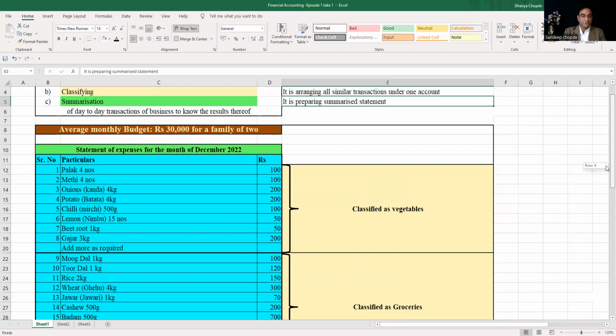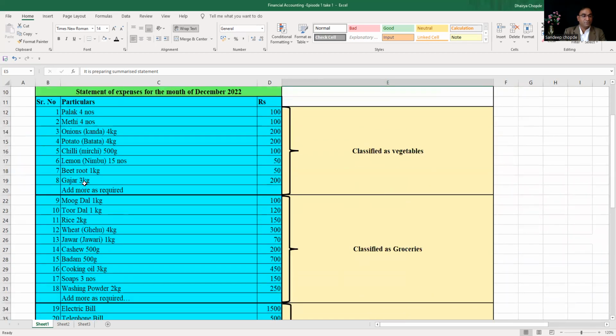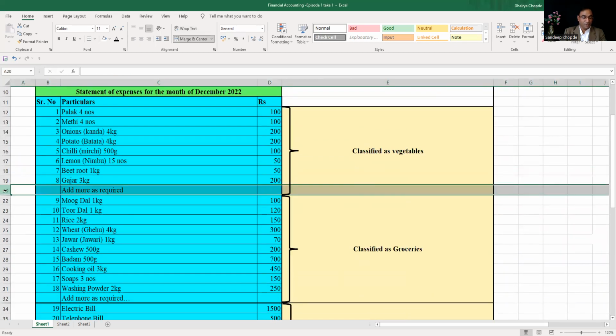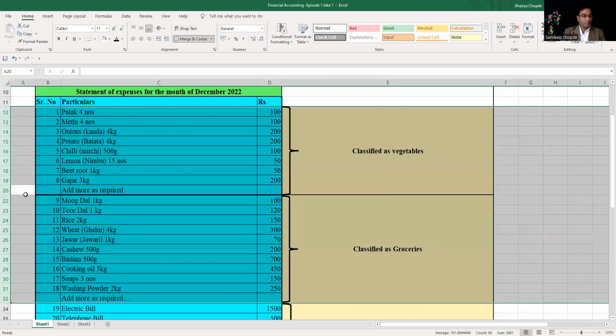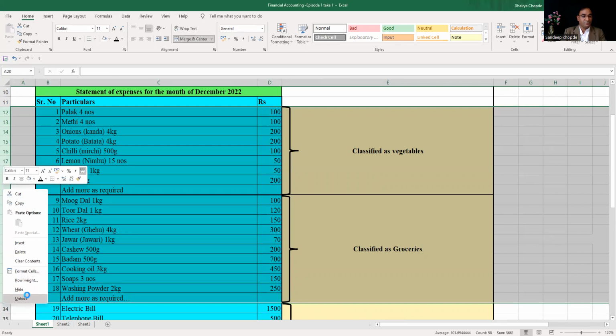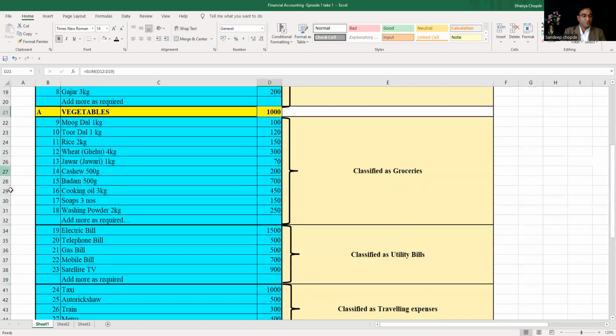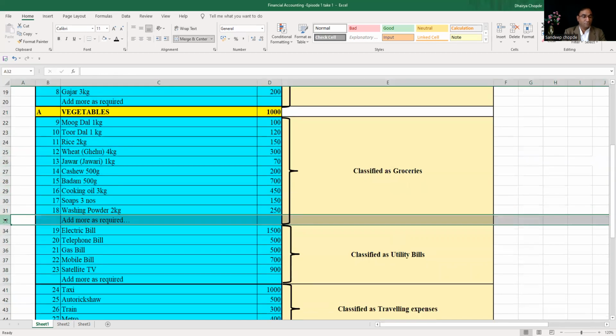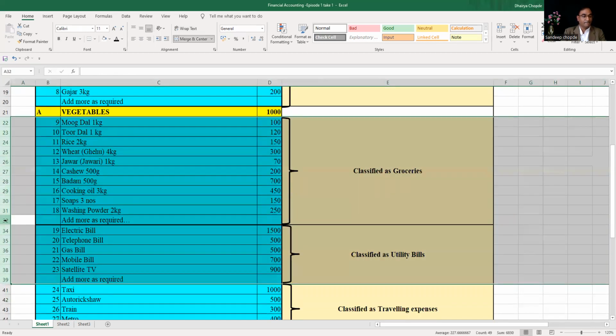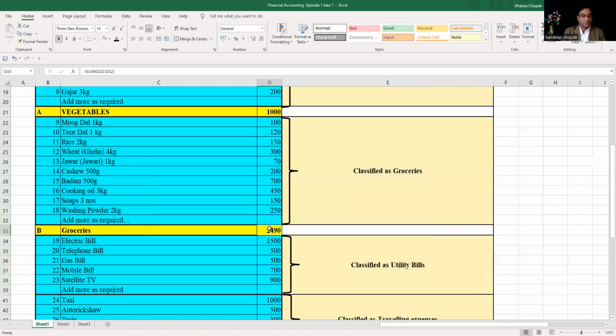So for all these vegetables purchased, you can make a total of it. When I make a total of all the vegetables that I have purchased, it comes to 1,000 rupees. So from serial number 1 to serial number 8, its total is 1,000 rupees. When I do a total of all the groceries, it comes to rupees 2,490.